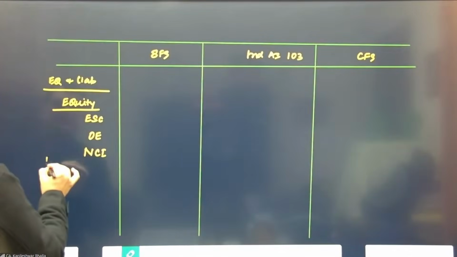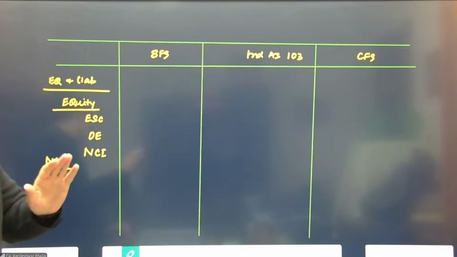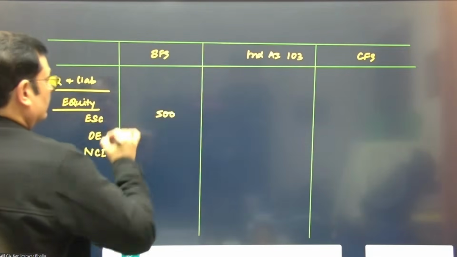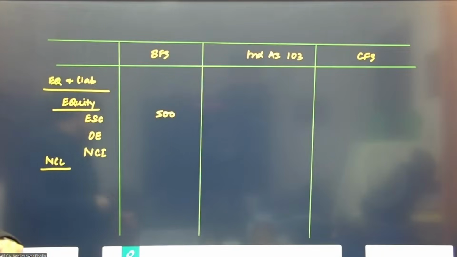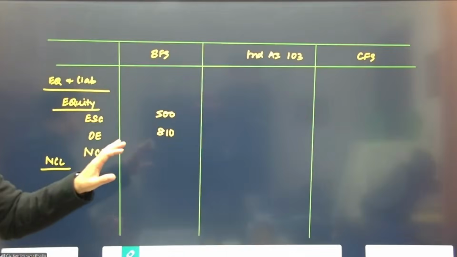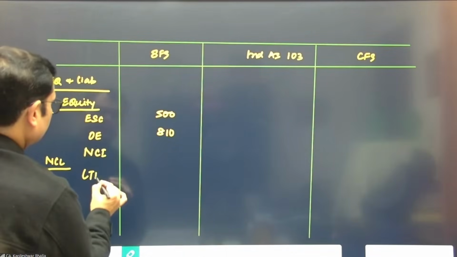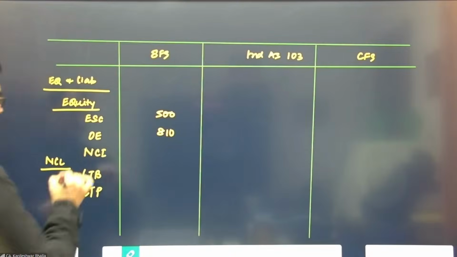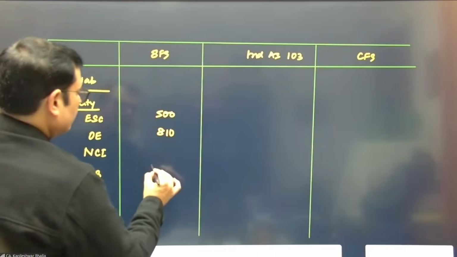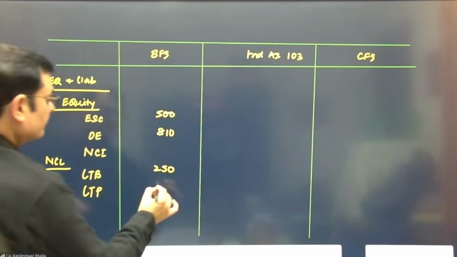And then we are given the non-current liabilities. Let me first take the data. The share capital is 500 and the other equity is 810. The NCI, of course, is not in the existing balance sheet. Then we're given the long-term borrowings and the long-term provisions. The long-term borrowings is 250, and the long-term provisions is 50.